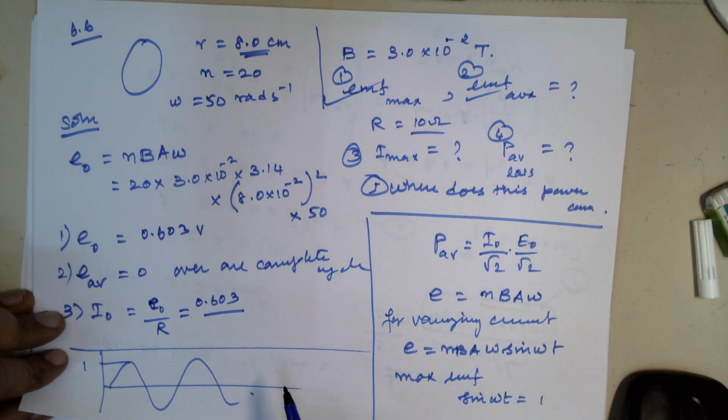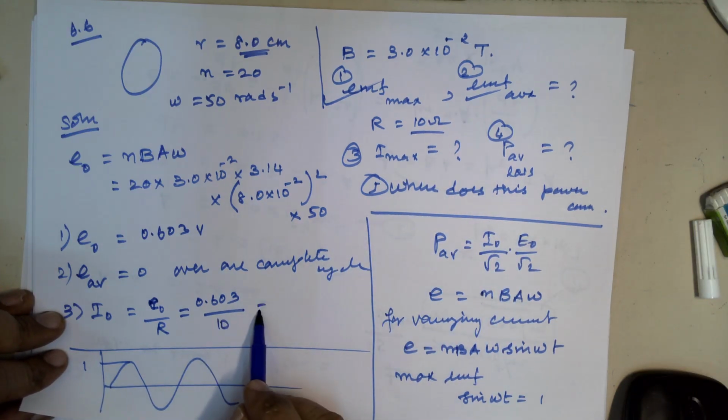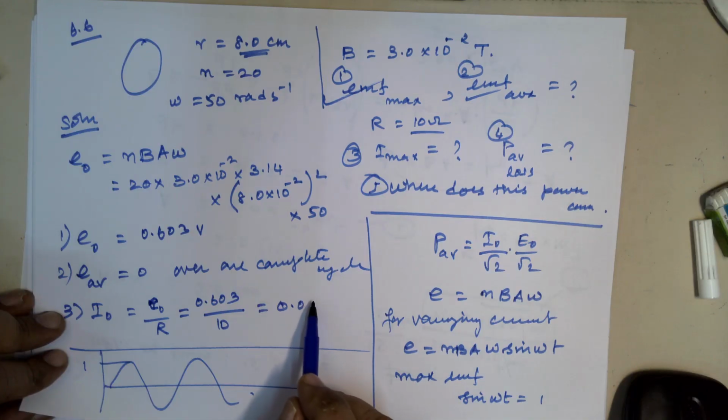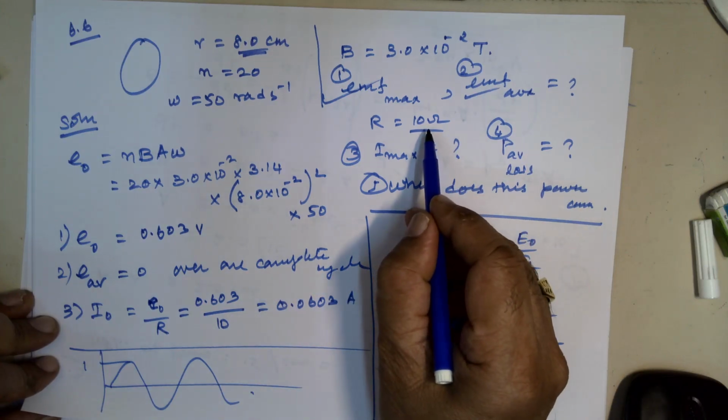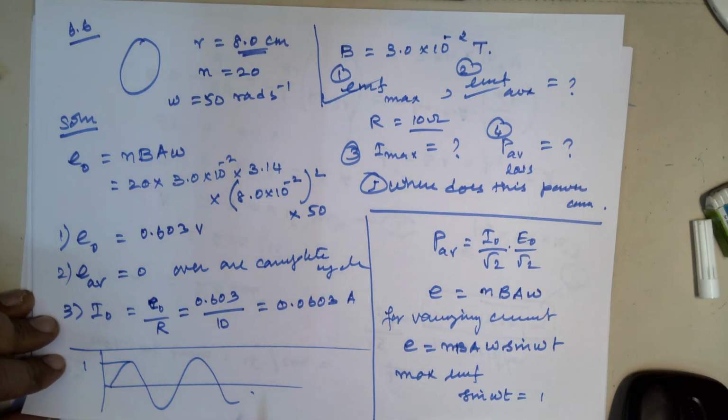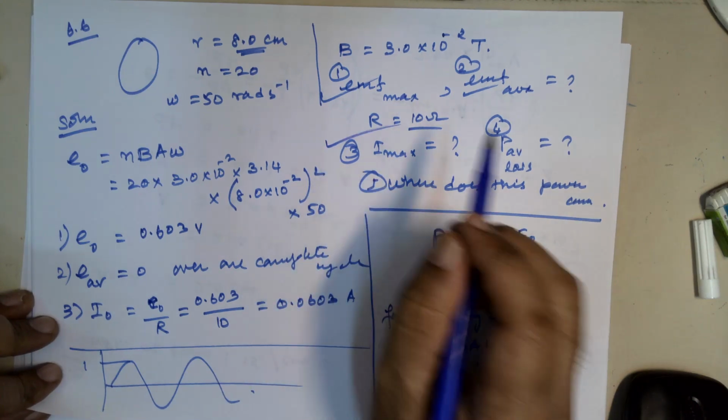So divided by 10, it means 0.0603 ampere. So the third value is also obtained.